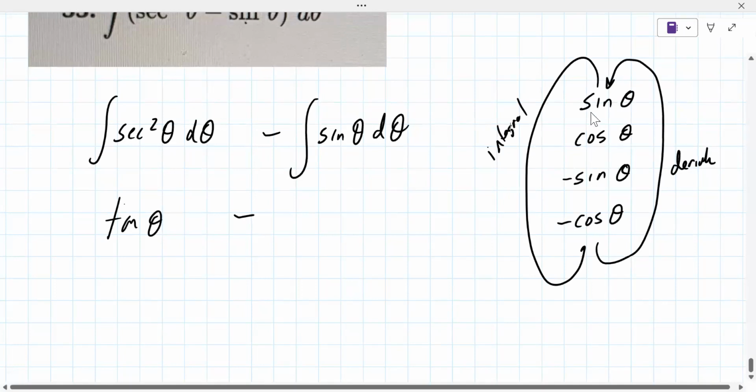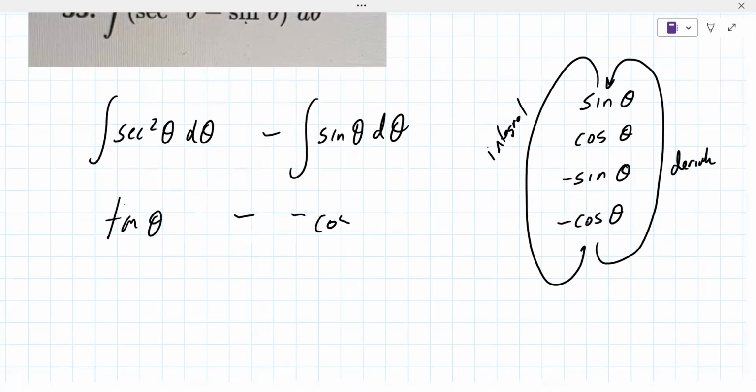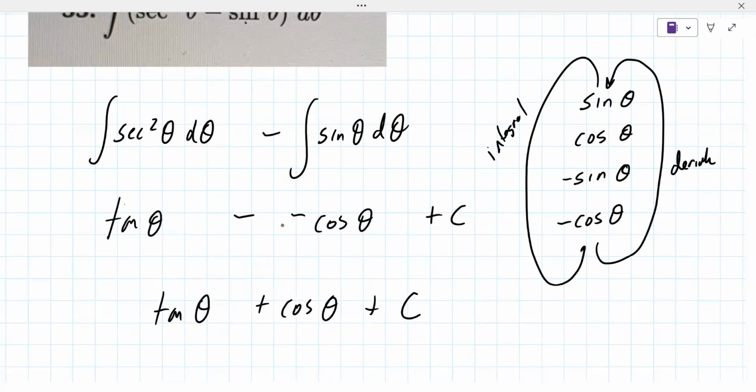So the integral of just sine theta becomes minus cosine theta, which is in that reference sheet that I sent you. Yeah, I see that. Okay, so you say plus C, you combine signs, so tangent theta plus cosine theta plus C, like that. And there you have it.